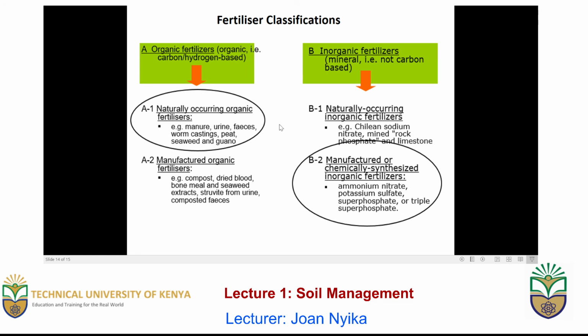When you look at this context, what I have circled here, the naturally occurring organic fertilizers and the manufactured or chemically synthesized inorganic fertilizers, those are the common soil amendments that are used to ensure that fertility of soil is enhanced.